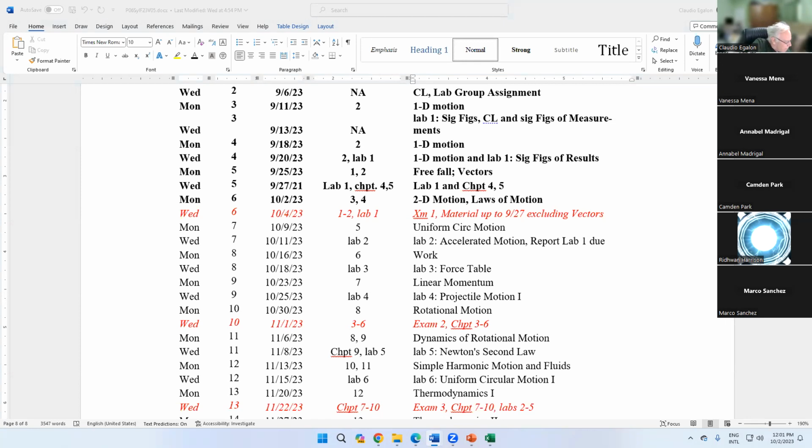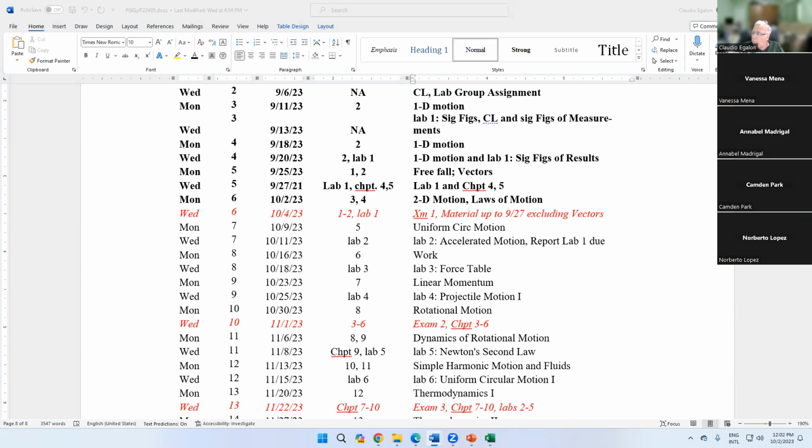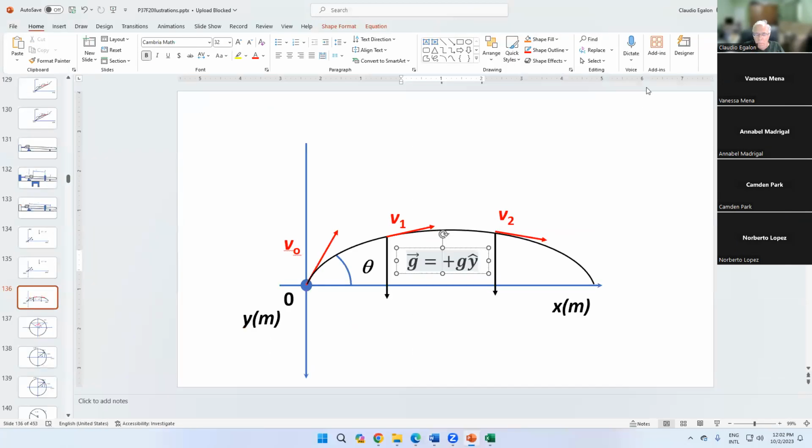Am I allowed to ask you a question right now? Sure. It's from a homework. I was wondering, when do I need to use the delta velocity squared formula?